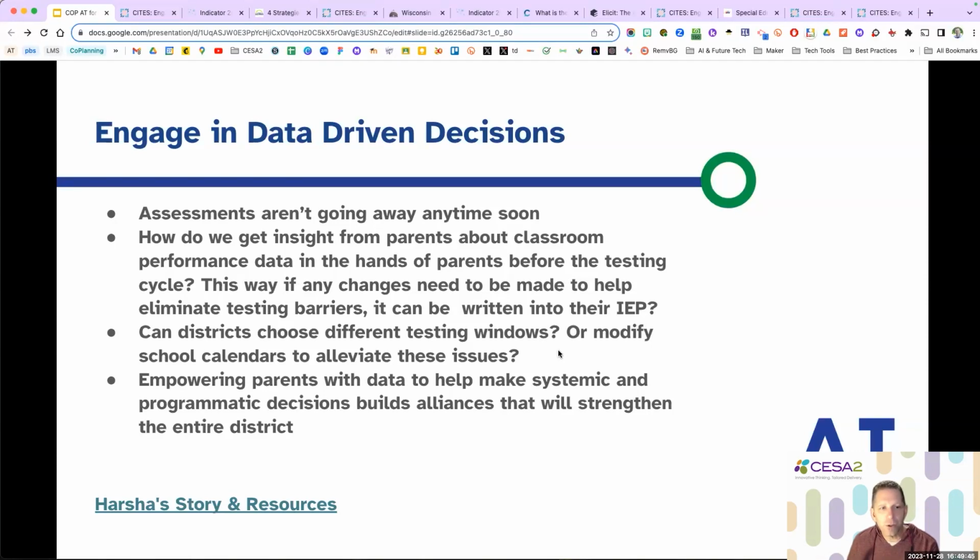If we could do this and have it written into the IEP, we may be able to eliminate some of those test barriers beforehand. I know we can't just change it for the test unless it's an everyday AT device that they need for classes and everyday living. It can't just be something for a test.